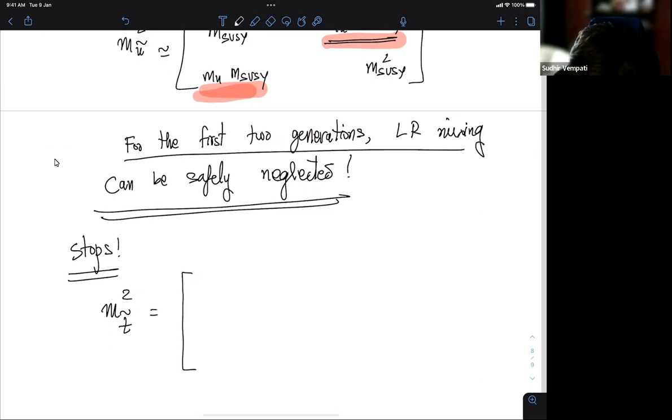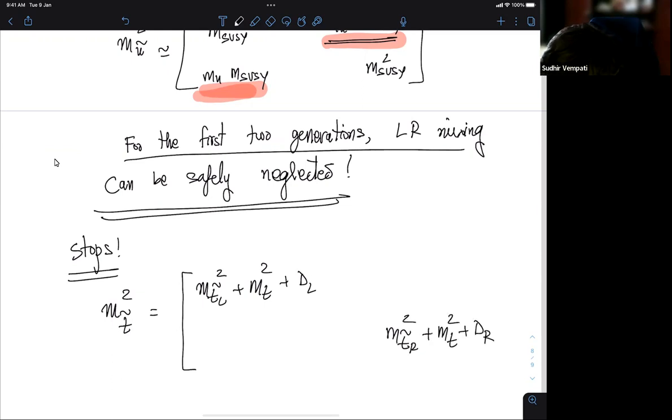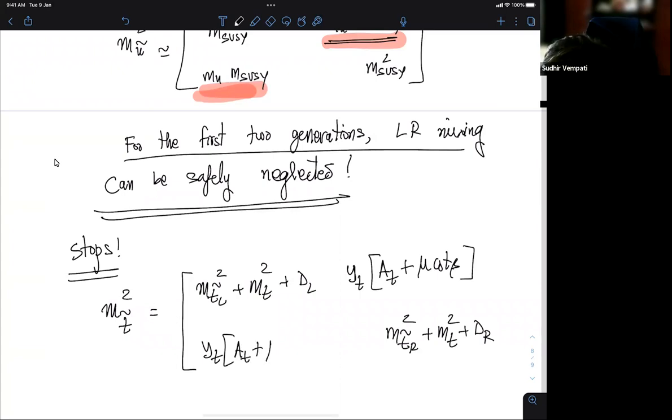This is important. The entries are m_TL tilde square plus m_T square plus D_L, and m_TR tilde square plus m_T square plus D_R, because m_T is not a small quantity. Here you have Y_T times A_T plus mu cot beta.